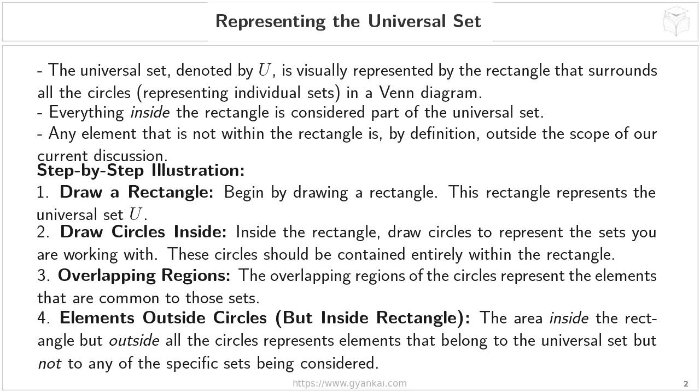These are elements that are part of our overall context, but don't share the characteristics of the sets represented by the circles. Keep these steps in mind, because we'll be applying them in the examples coming up. Understanding where everything sits, inside the rectangle, inside the circles, or in the overlapping areas, is key to interpreting Venn diagrams correctly.